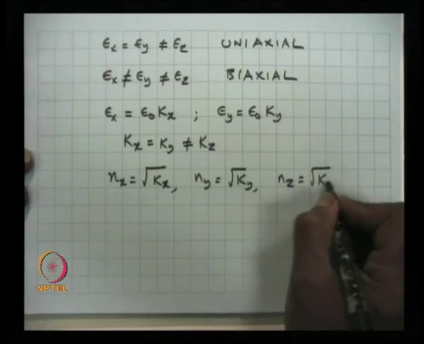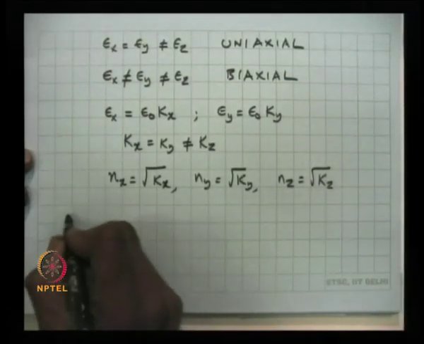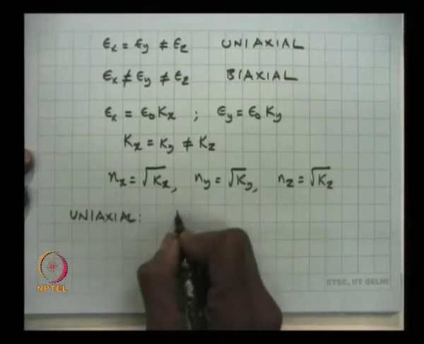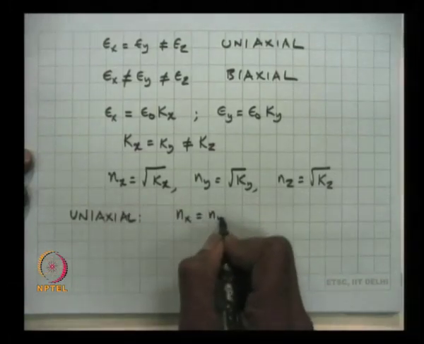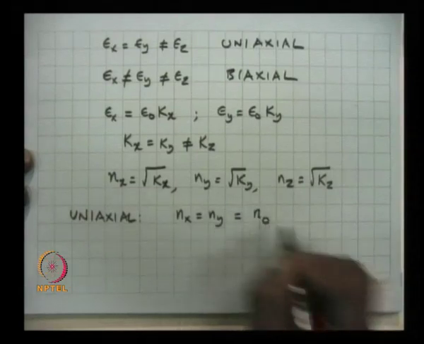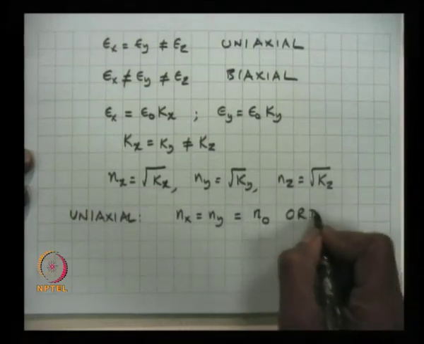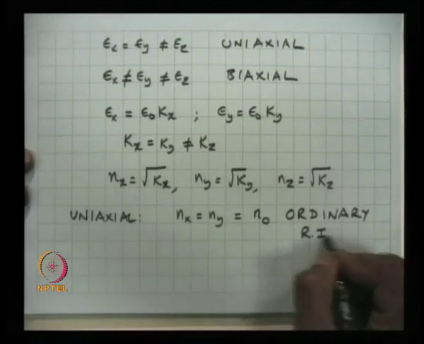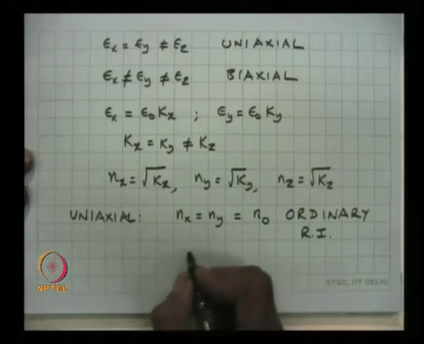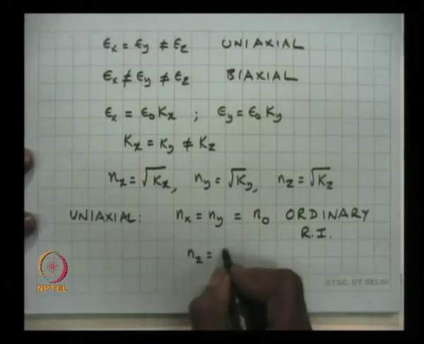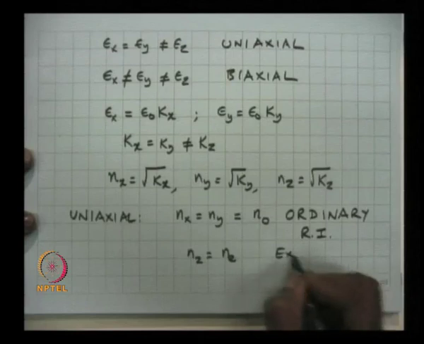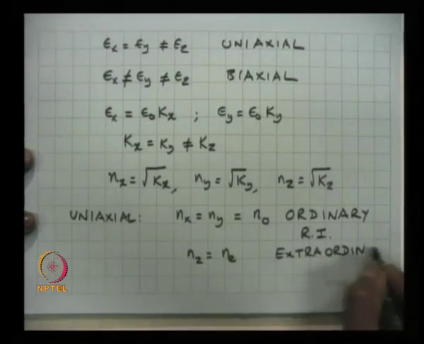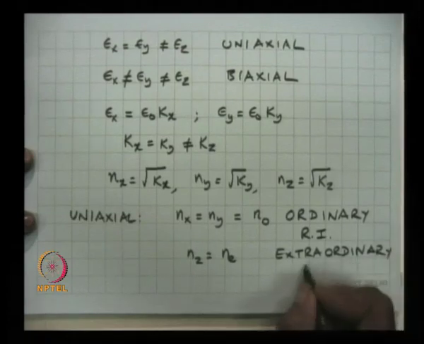This is general, and so for uniaxial media, n x is equal to n y, and this is called n o. This is called the ordinary refractive index, and n z is called n e, the extraordinary refractive index.